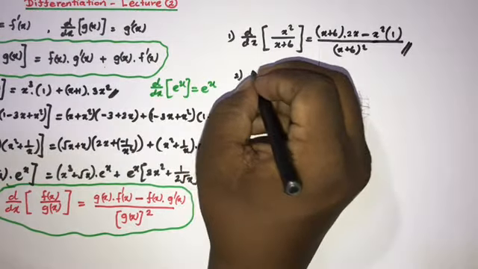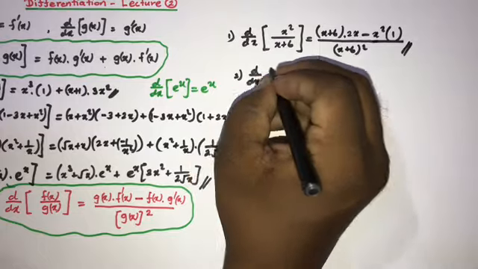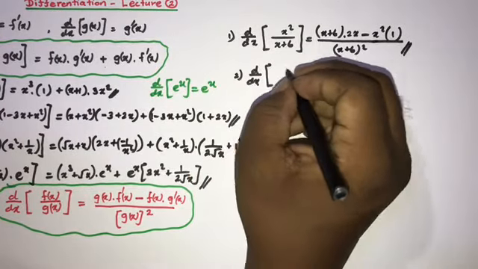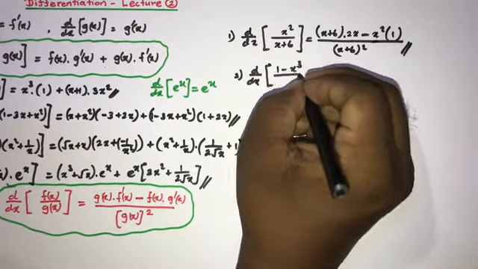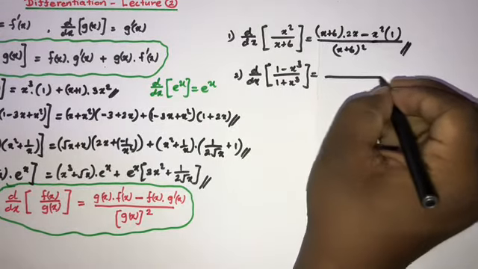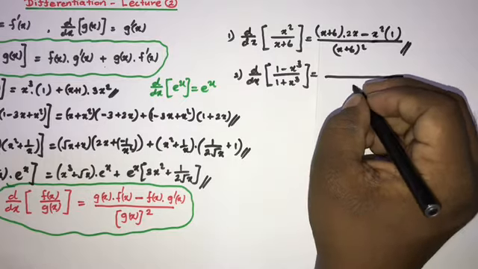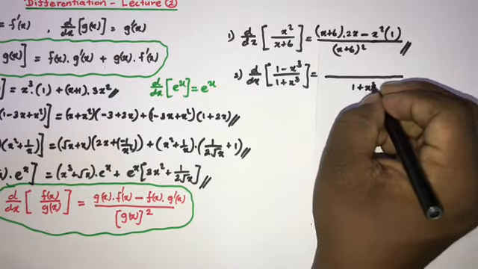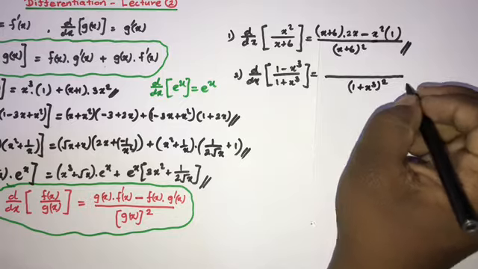Now second example, the derivative of 1 minus x cube over 1 plus x cube. First we take the square of the denominator, so 1 plus x cube raised to the 2.